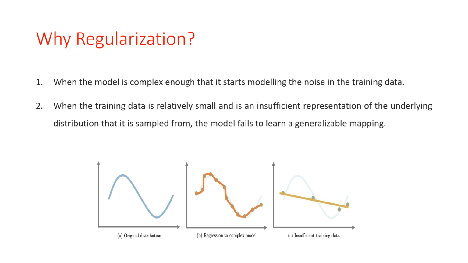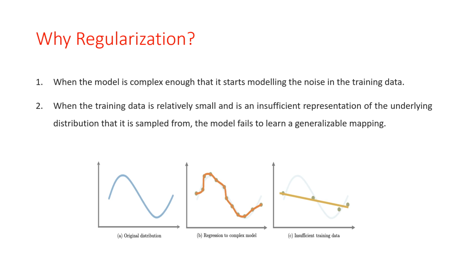If your model is complex and there is some noise in the training data, in that case we use regularization. The second is when the training data is relatively small and is an insufficient representation of the underlying distribution it is a sample from. The model then fails to learn a generalized mapping.